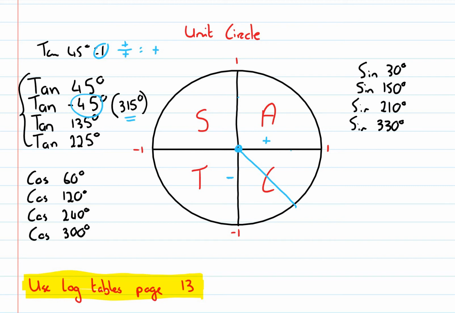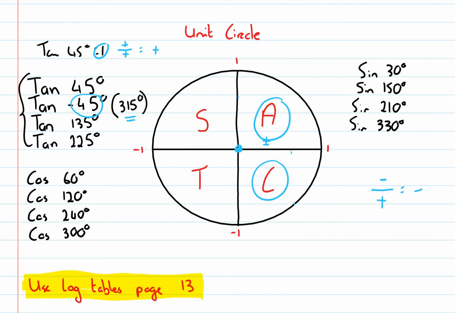Okay, so when we're looking at this 45 degree angle, well, I can say that the opposite is negative and the adjacent is positive. So minus over a positive, which will give me a minus answer. So in this quadrant here, tan will be negative. So I'm after showing that in this quadrant tan is positive, in this quadrant tan is negative.